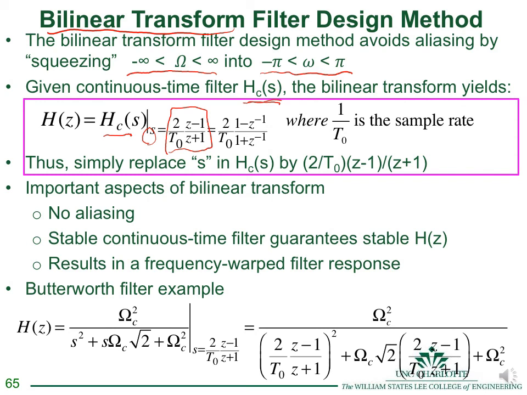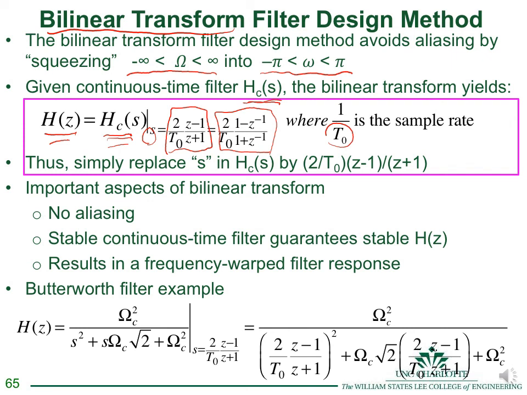T0 is the sample rate of the system. And so the simple substitution allows you to convert this frequency response of the continuous time system, its Laplace response, into an equivalent digital filter with the corresponding frequency response.